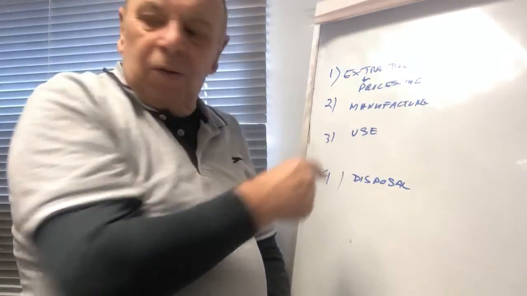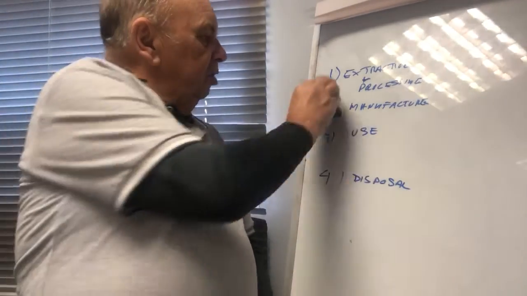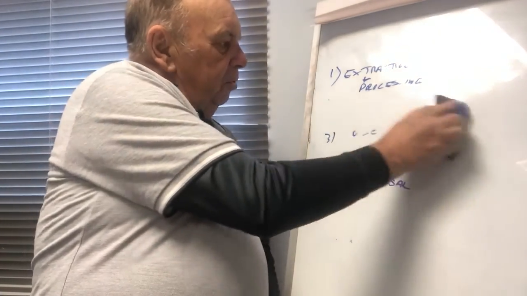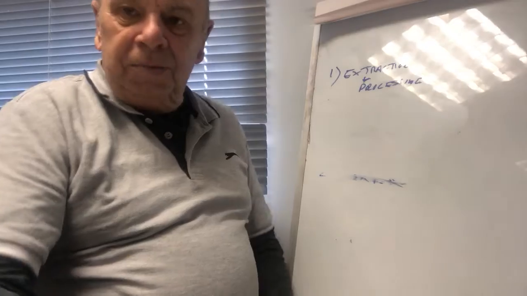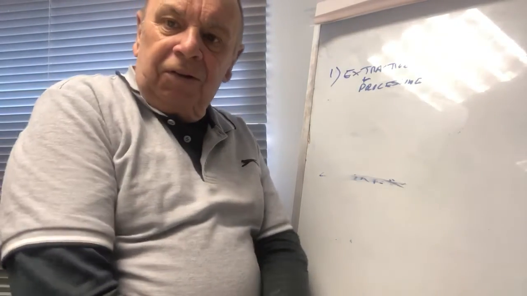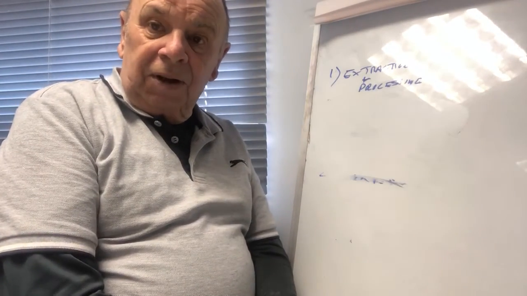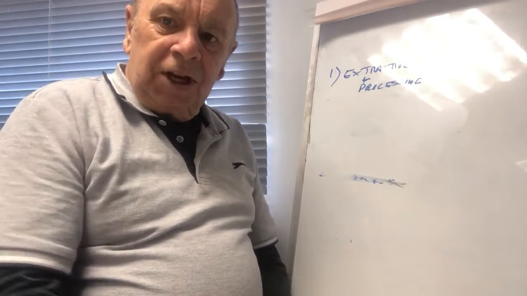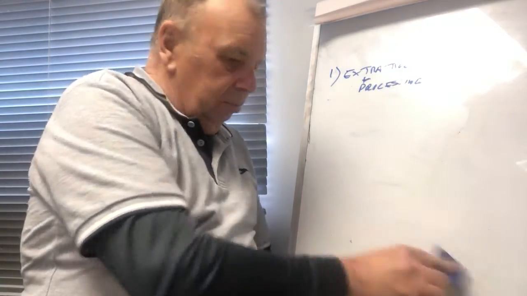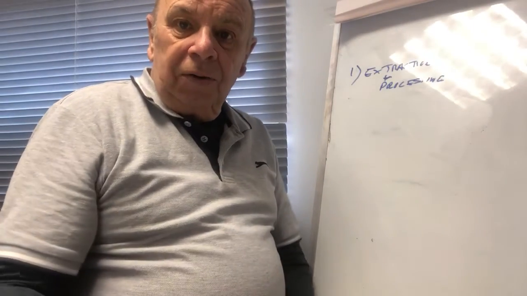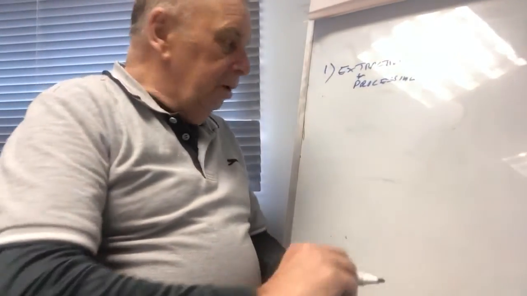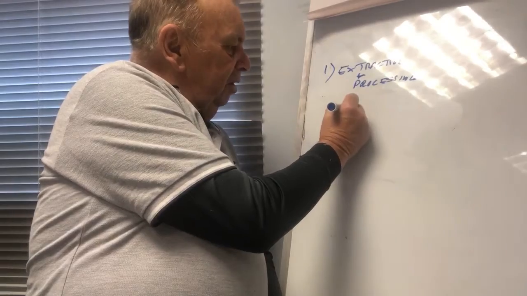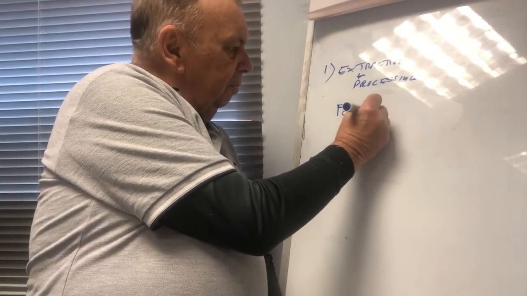Let's look a bit more at the first, extraction and processing. Everything is made from something that comes from the land, sea or air, but let's take some little examples. Iron, steel. Iron is Fe2O3.